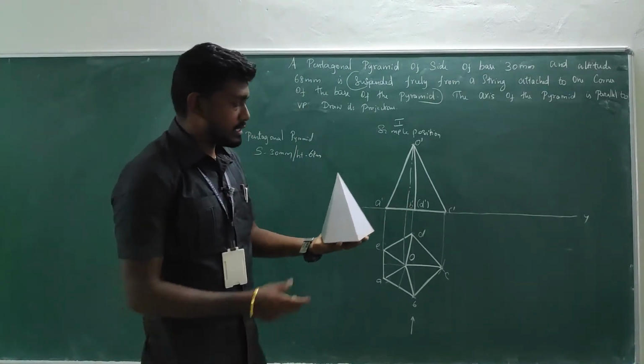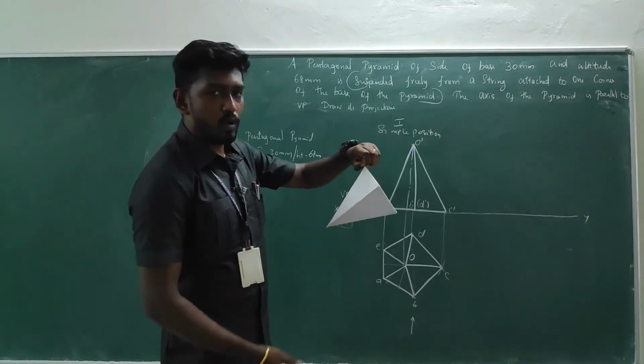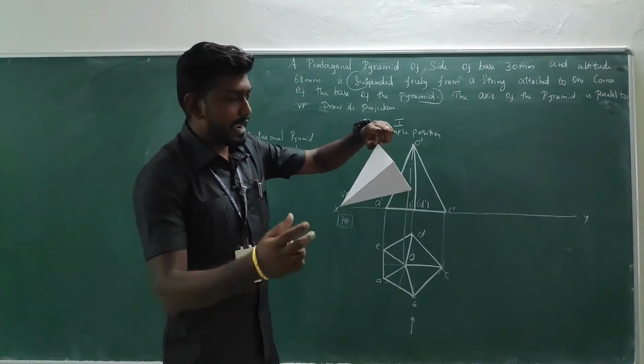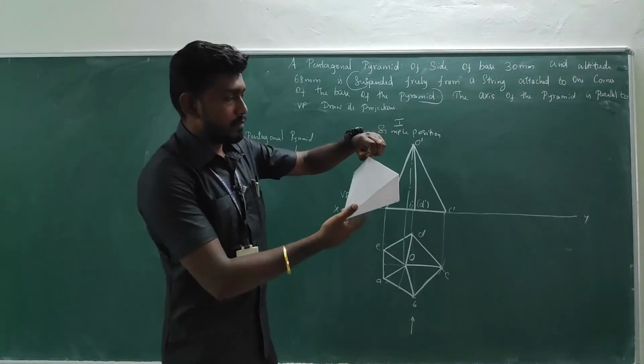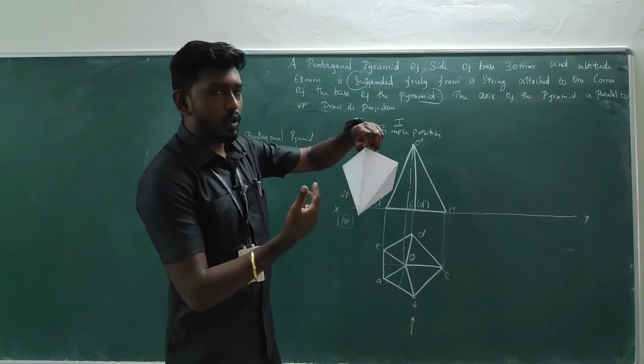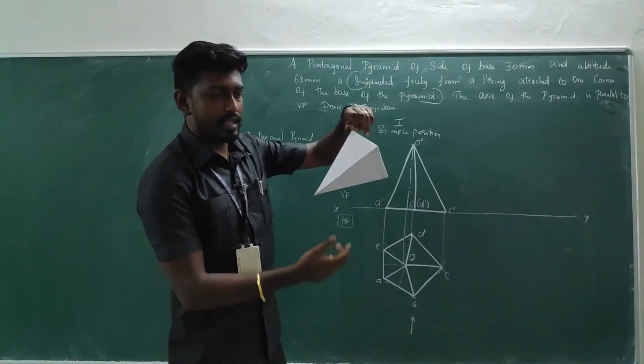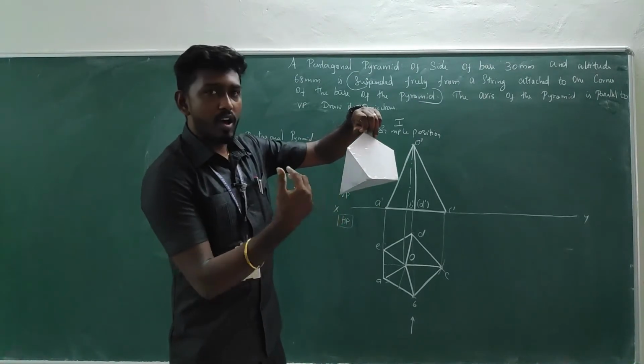It's an important part. I am going to freely suspend the object. Okay, in order to get the observation, I have to say one thing. When you are suspending like this, it goes on oscillating, something like this. It won't be stable, right? It goes on oscillating.